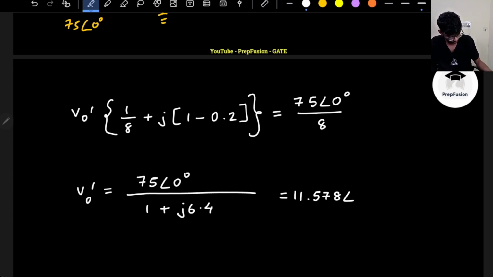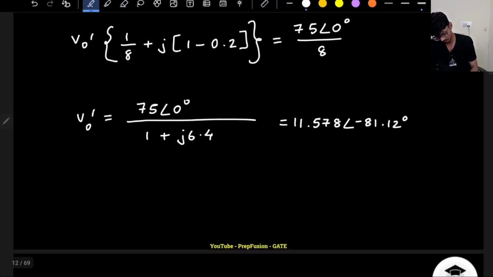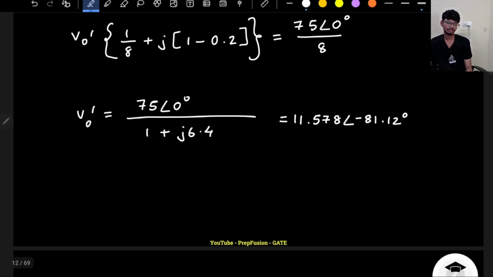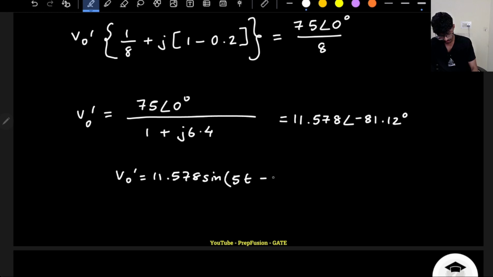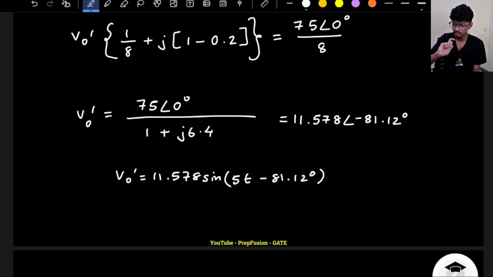This will be tan inverse of 1 by 6.4, that is minus 81.12 degrees. Okay, so this is basically the voltage. So I can write v naught dash as 11.578 sine of 5t, because this was my initial phasor, minus 81.12 degrees. Okay, so this is the voltage due to only the 75 volt voltage source.